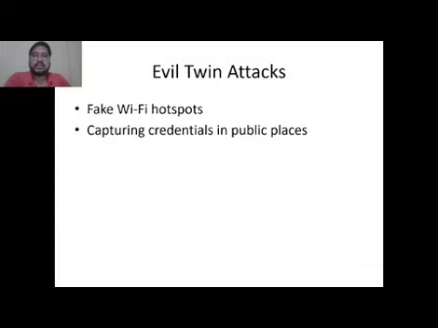So do not connect to this type of Wi-Fi. If you are connected to these networks, you lose your credentials, and attackers use them to damage your systems. So be aware of this type of attack.